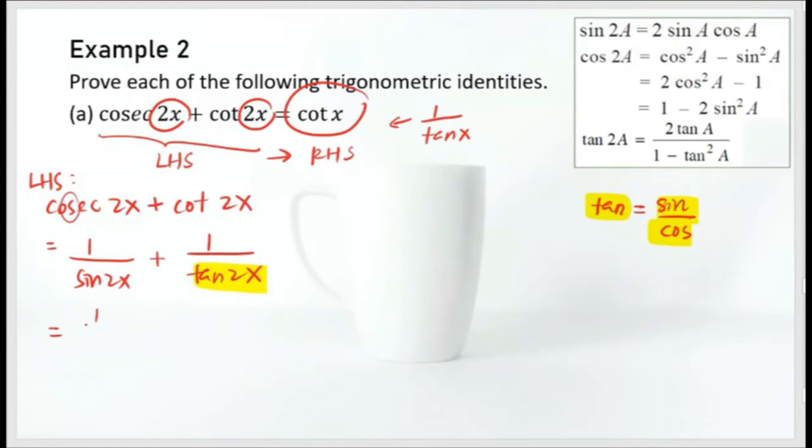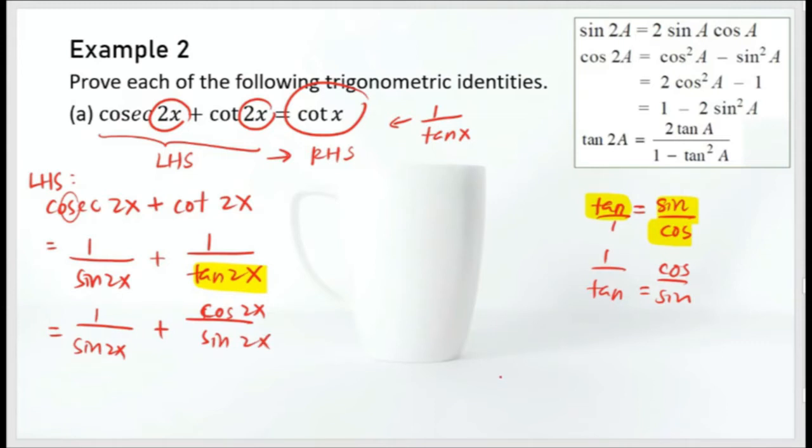Okay, so it's 1 over sine 2x plus 1 over tangent 2x. 1 over tangent is equal to what? The reciprocal, right? So it equals cos over sine. So it's equal to cos 2x over sine 2x.